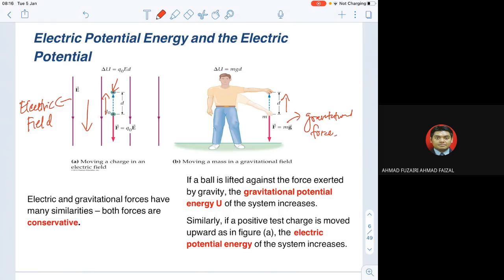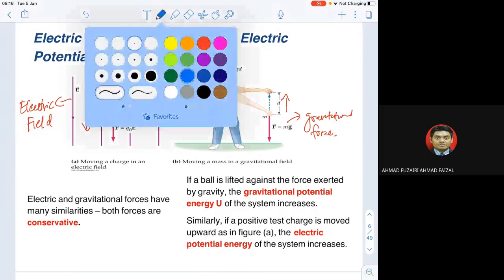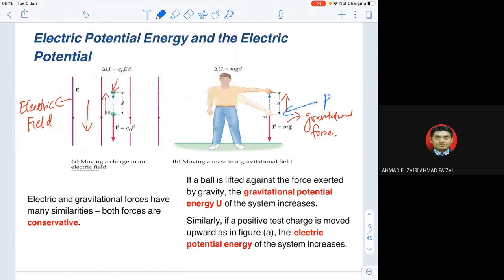On this part, the potential energy final is greater compared to the potential energy initial. PEF is greater than PEI. Why?